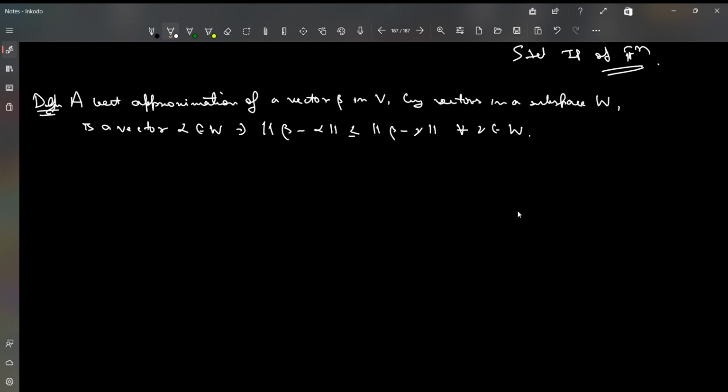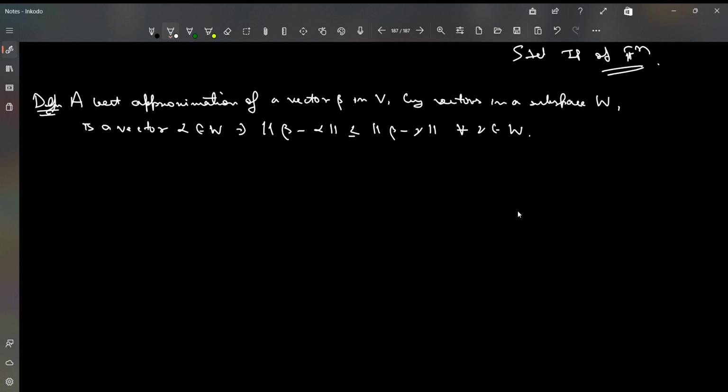So the literal concept of a best approximation of a vector beta by a subspace W is that vector alpha such that the distance between beta and alpha is smaller than the distance of beta with every other element of W. Got it?